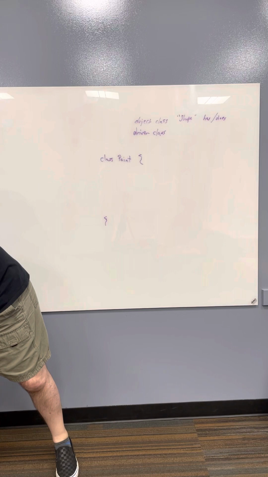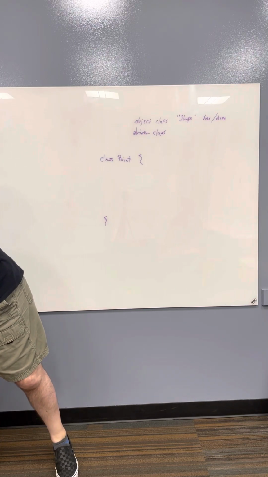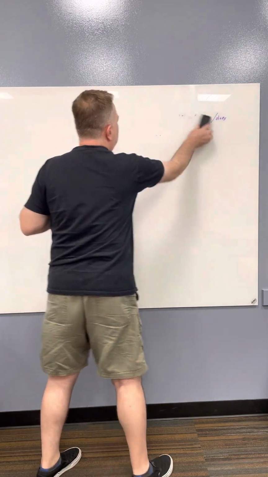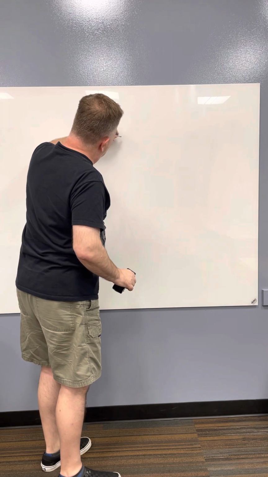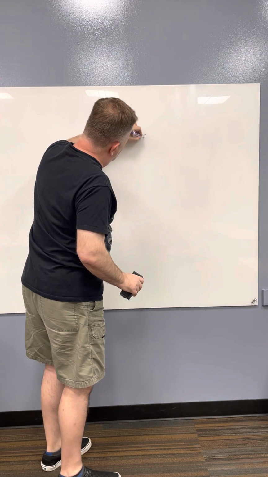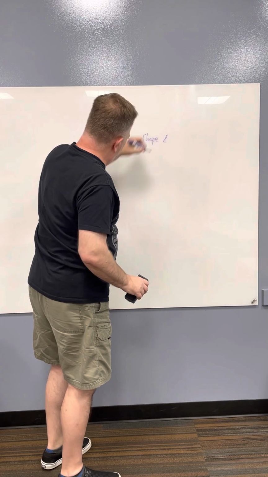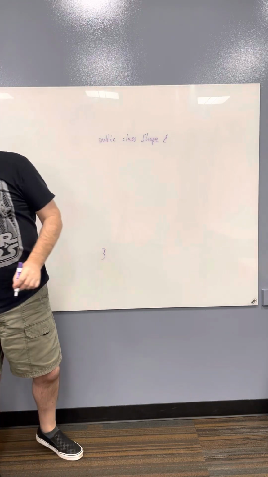I think we're ready for, yeah, we are, for instantiations. All right, let's go back to shape. Public class shape. All right, that's how you create a class.